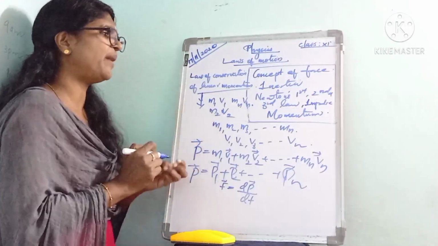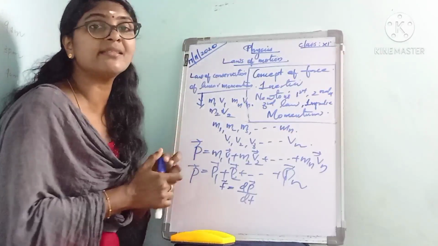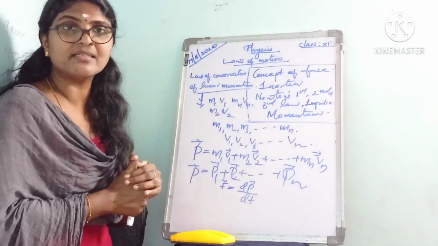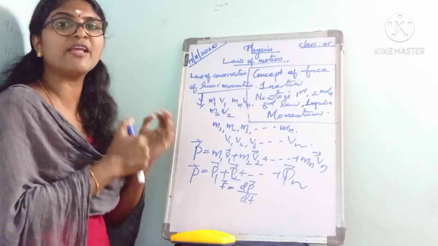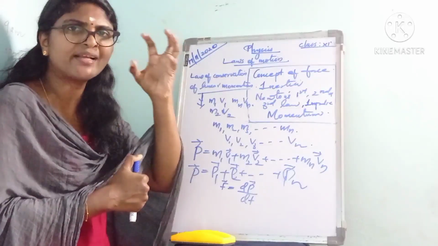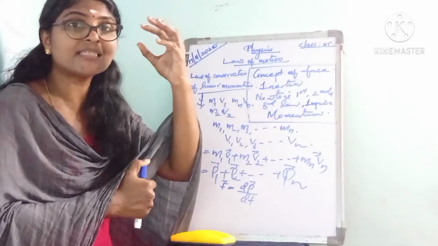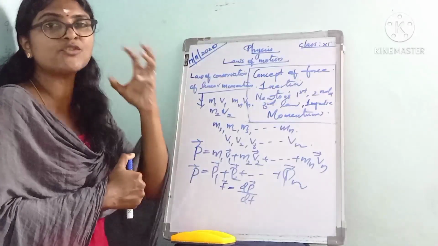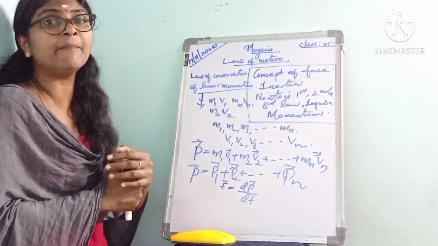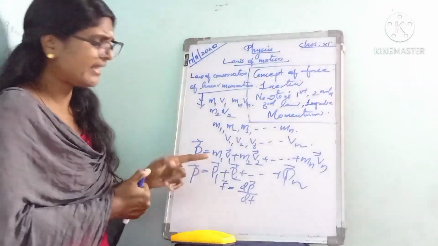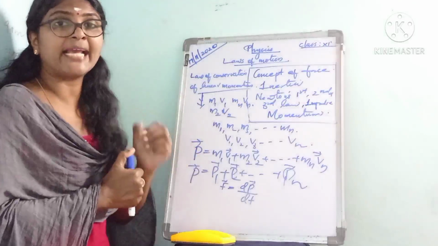And here we are assuming that the system is an isolated system. Isolated system means it is free from external force. If no external force acts on a system, that system is called an isolated system.